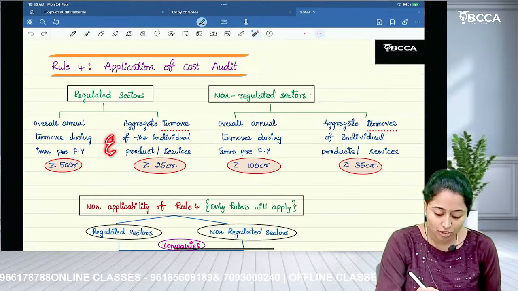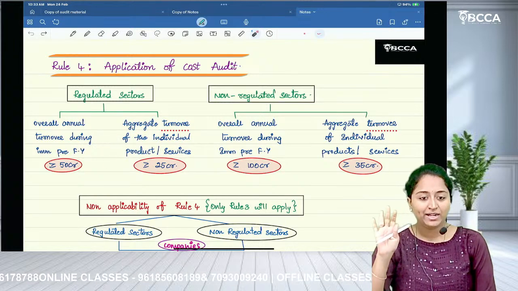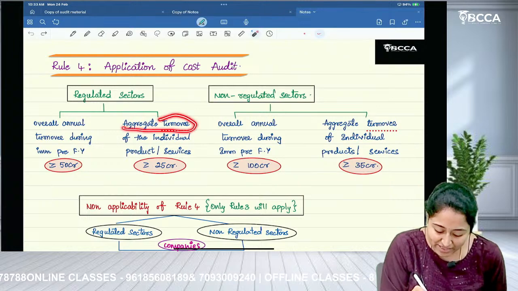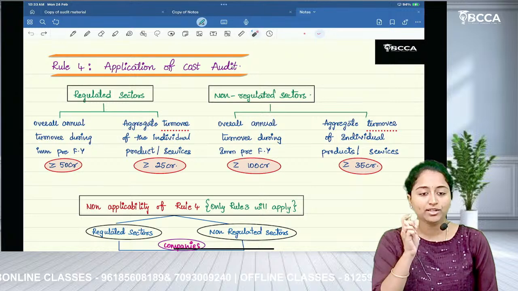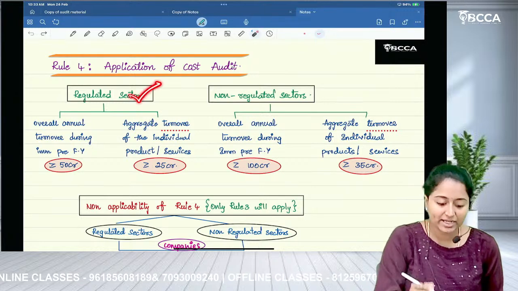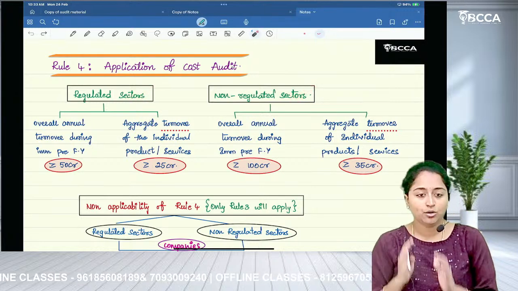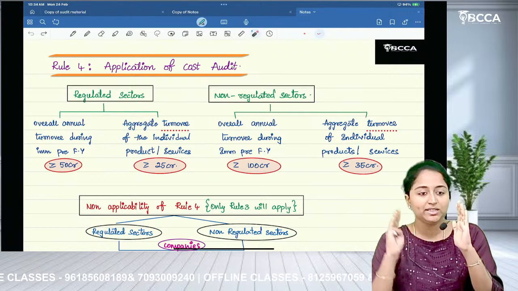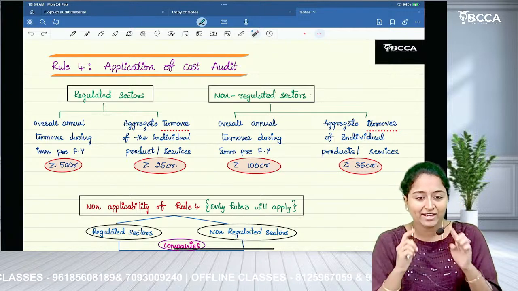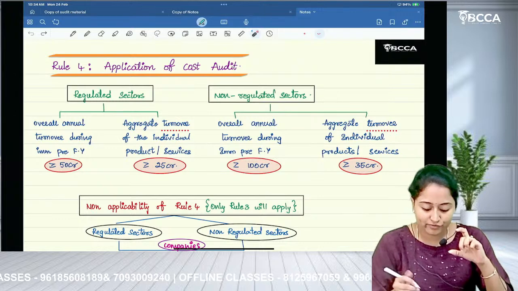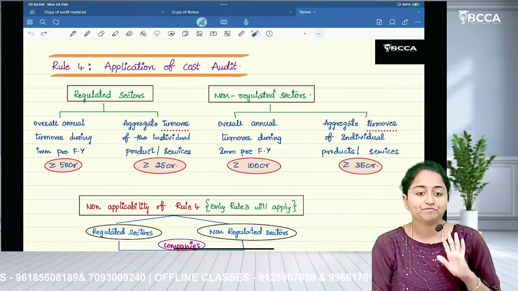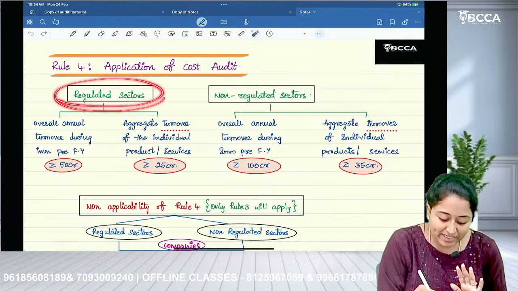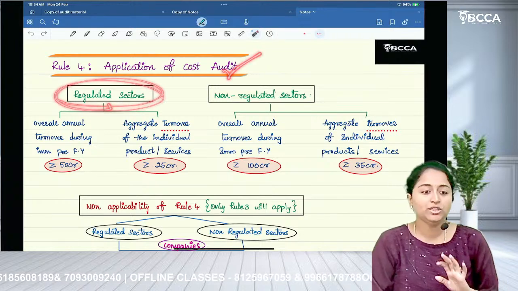And this is not 'or', it is 'and', okay? And the aggregate turnover of individual products or services, only those products covered under regulated and non-regulated sectors, if the aggregate turnover is more than or equal to 25 crores, then they have to comply with cost audit.